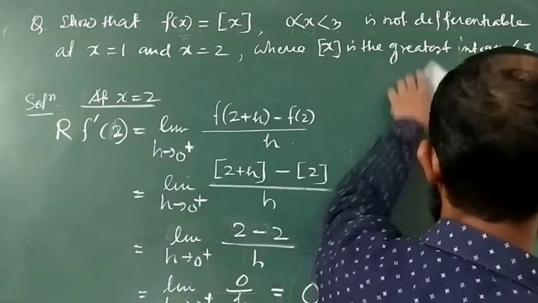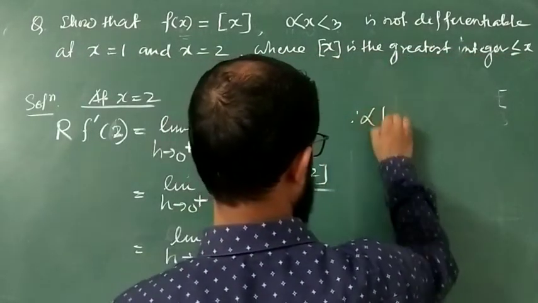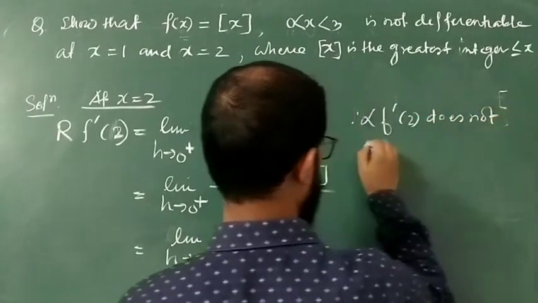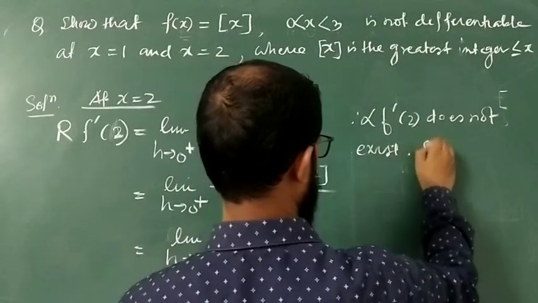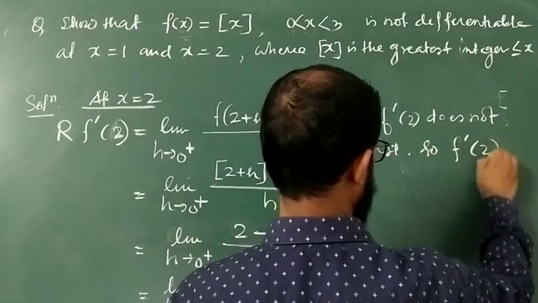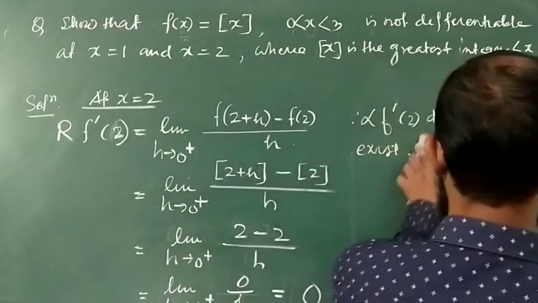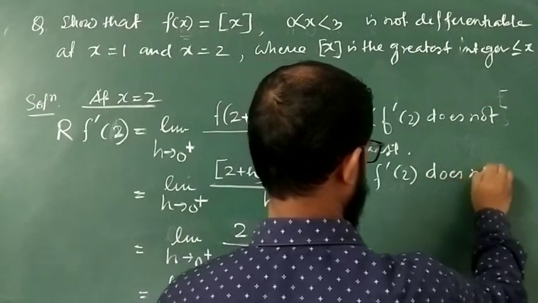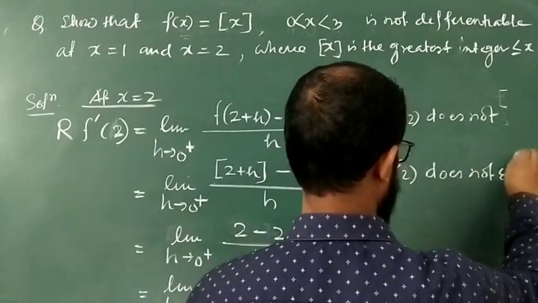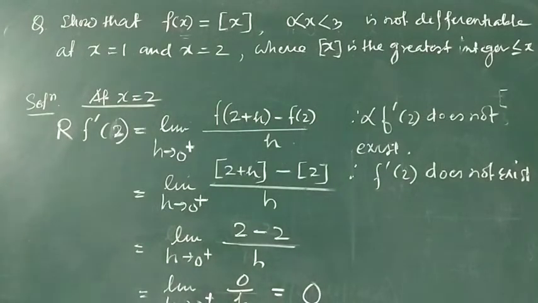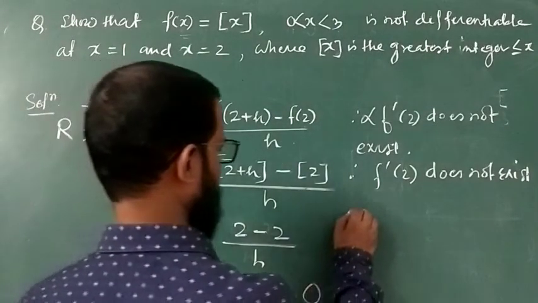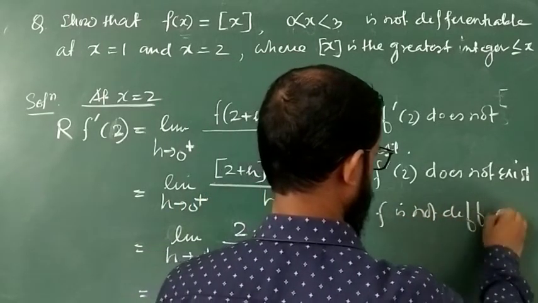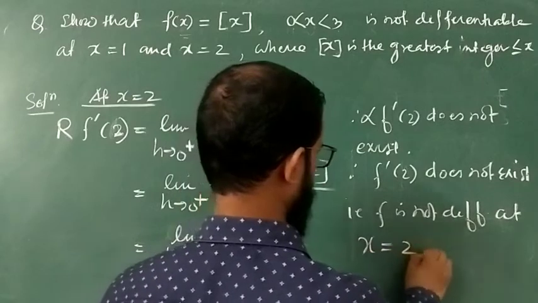So we can conclude that since L f dash 2 does not exist, therefore f dash 2 does not exist, that is, f is not differentiable at x equal to 2.